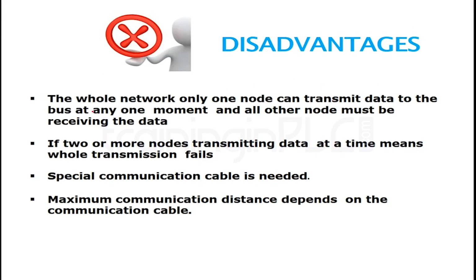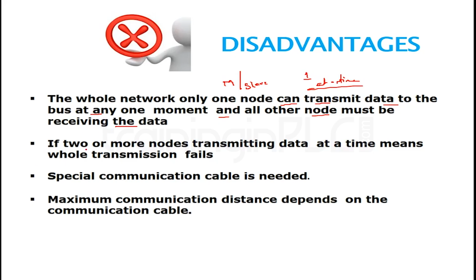If we see the disadvantage of this RS-485, in the whole network only one node can transmit data to the bus at any moment, and all other nodes must receive the data, because RS-485 follows the master and slave operation. So only one device is allowed to send the data at a time.